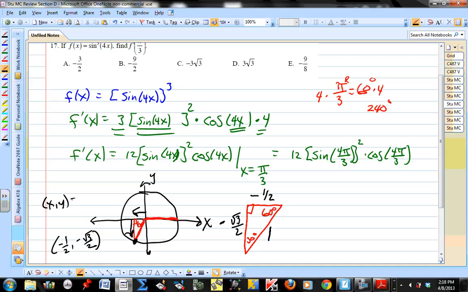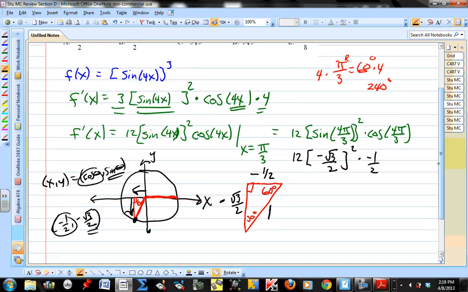Remember, xy is in alphabetical order, so is cosine theta, sine theta. Sine corresponds to y values. So back here in our derivative, we're going to have 12 times the sine of 4 pi over 3, which was the y value, negative root 3 over 2, quantity squared, times the cosine of 4 pi over 3. Well, cosine corresponds to the x-coordinates, times negative 1/2.